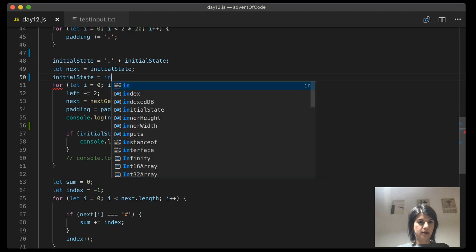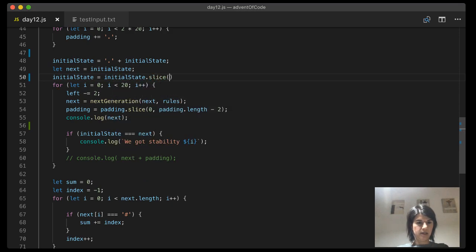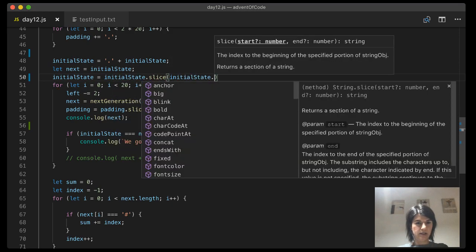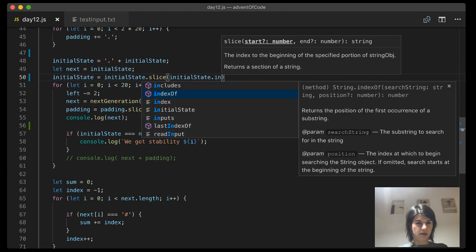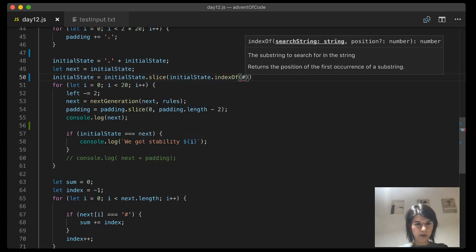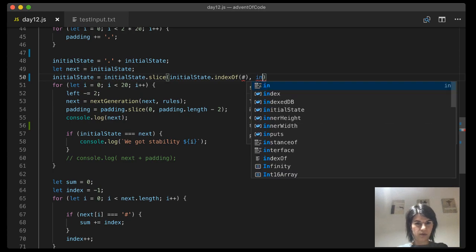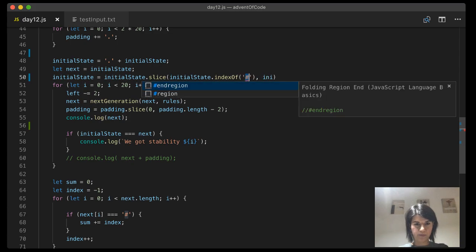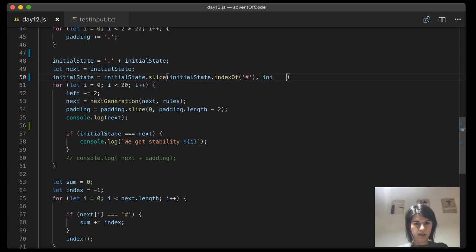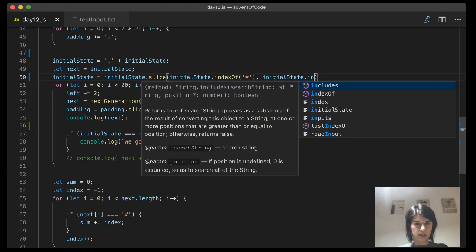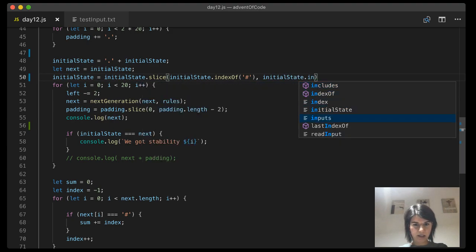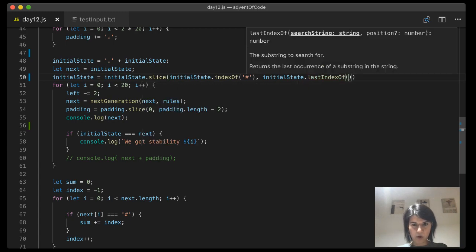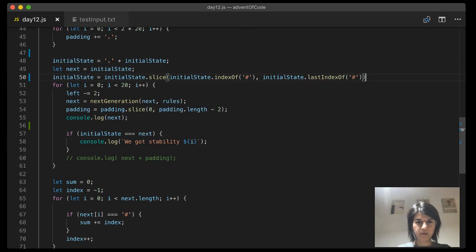initial state equals initial state dot slice, initial state dot index of gives me the first one, to, whoa, so close. To initial state dot last index of. I would be hopeless without auto completion, so I'm taking first and last one.